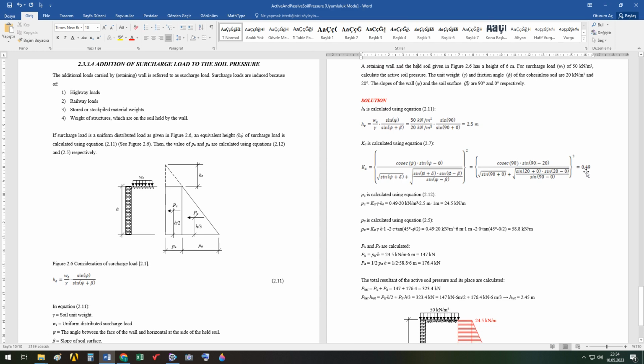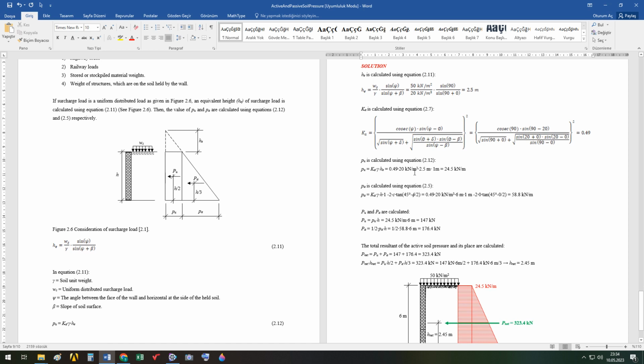And Ka is obtained. And from equation 2.12, we obtain this value coming from the surcharge load. And Pa is calculated again using the formula previously shown for active soil pressure. Okay, this formula is employed. Again, it is cohesionless soil. 0 comes here.